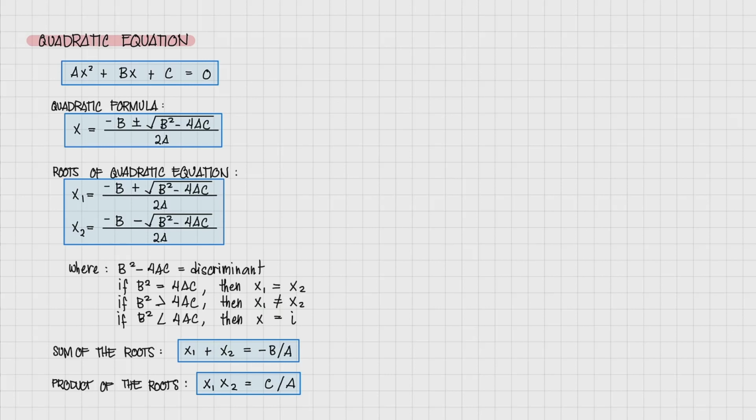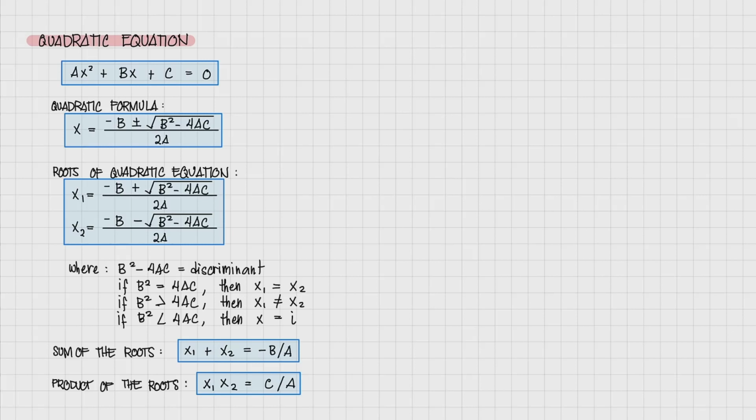Tapos, yung last condition natin is if our b squared is less than 4ac, then the roots are imaginary. So, another shortcut formulas that we could use. So, for the sum of the roots, it is just equals to negative b over a. And for the product of the roots, it is just equals to c over a.